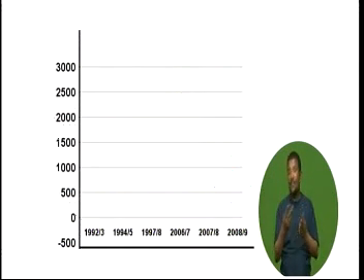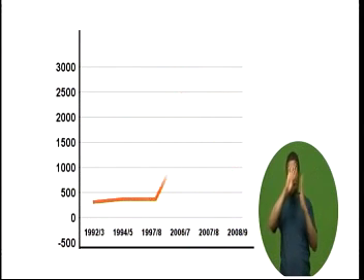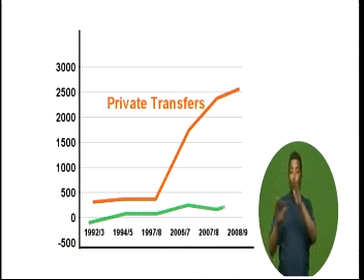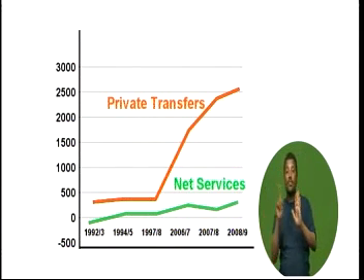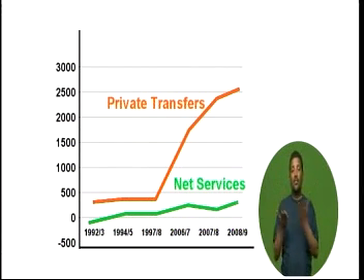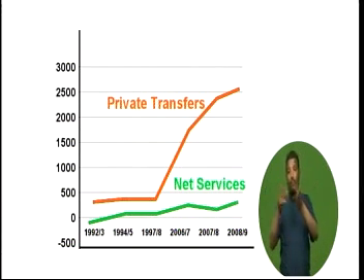In this line graph, the upper line represents private transfers, while the lower line represents net services. Net services and private transfers depict a positive balance and an increasing trend in all years. I hope the distinction between current account and capital account is clear to you.